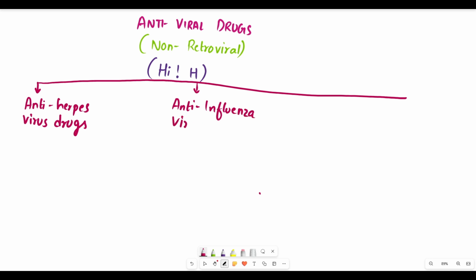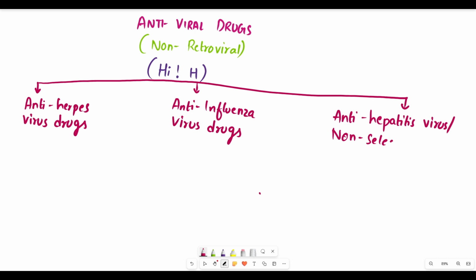And one more H means it is anti-hepatitis virus drugs, which are also called as non-selective antiviral drugs.